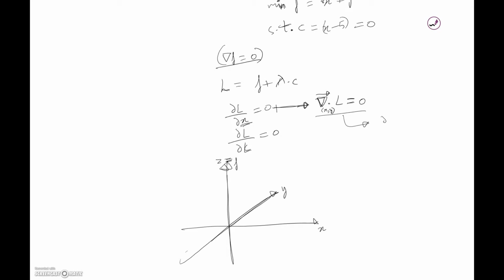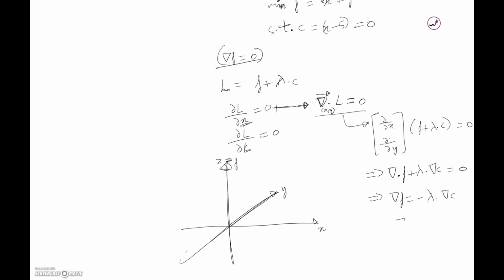It means that del by del x and del by del y of L, which is f plus lambda c, equals 0, implies del f plus lambda times del c equals 0, which means del f equals minus lambda times del c, and this means that del f and del c should be parallel.